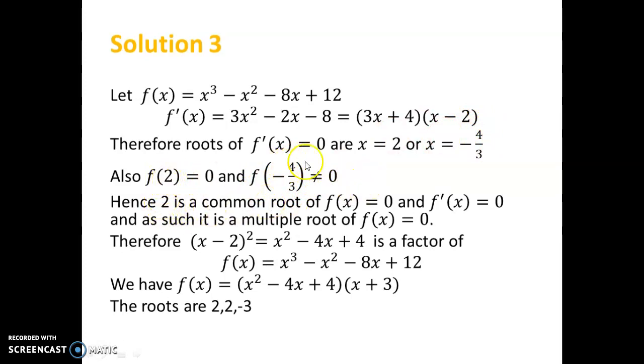Therefore, 2 is a root of f dash of x equal to 0 and 2 is a root of f of x. Therefore, we can say that 2 is a common root of f of x equal to 0 and f dash of x equal to 0.